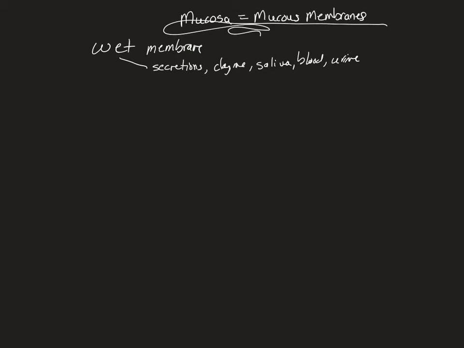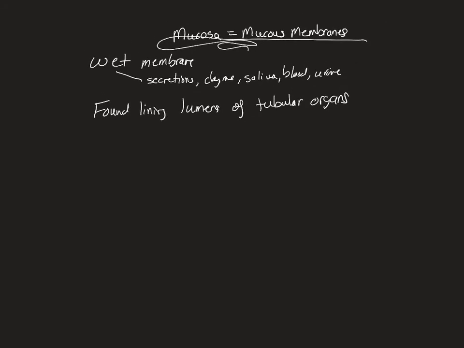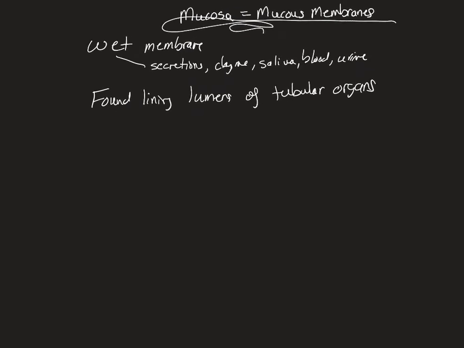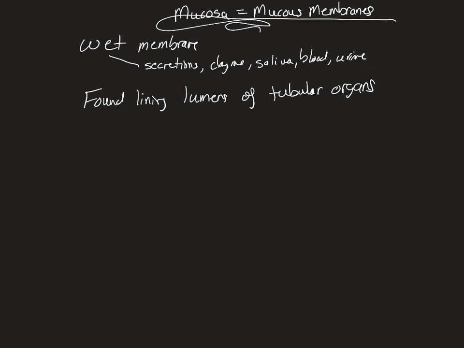Okay, so mucosa are found lining lumens of tubular organs. Okay, now at this point in time, I'm going to make a note because your book says that mucosa open to the outside of the body.